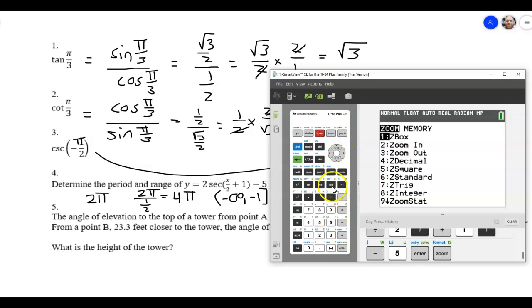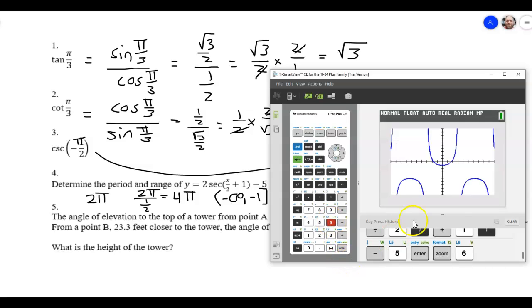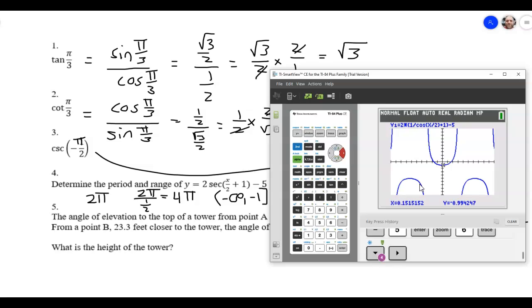And zoom, let's try a standard. And as we can see here, if we use the trace function, there's nothing between this point and that point as far as the y values.